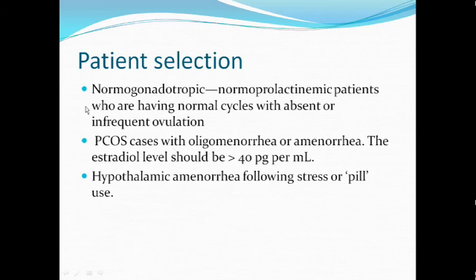Your patient should be normogonadotropic, normoprolactinemic, having normal cycles with absent or infrequent ovulation. PCOS, definitely in these cases you can use it. You can use it in some hypothalamic or central cases also, where amenorrhea is because of stress or pill use only.